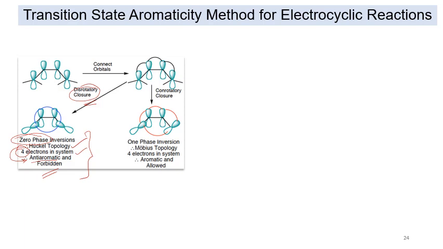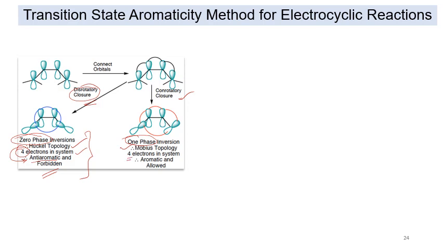Let's look at the conrotatory closure. In the conrotatory closure, we are seeing that there is one phase inversion. Therefore, this becomes a Mobius topology, right? It cannot be a Huckel topology because this now involves an odd number of phase inversions. How many electrons are there?